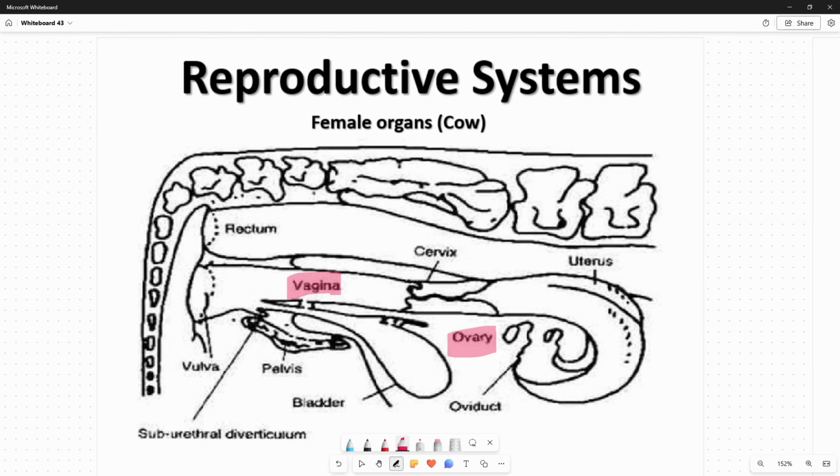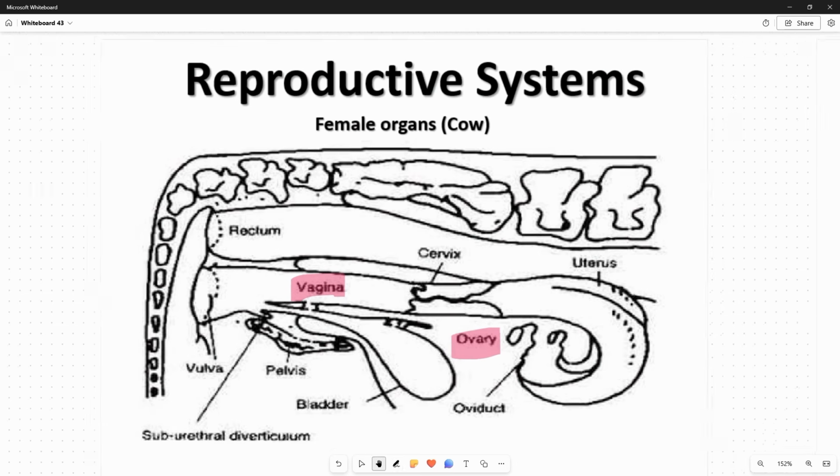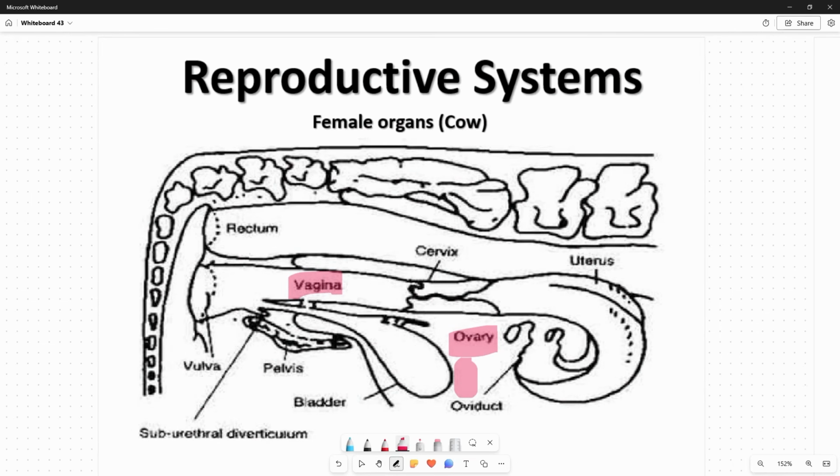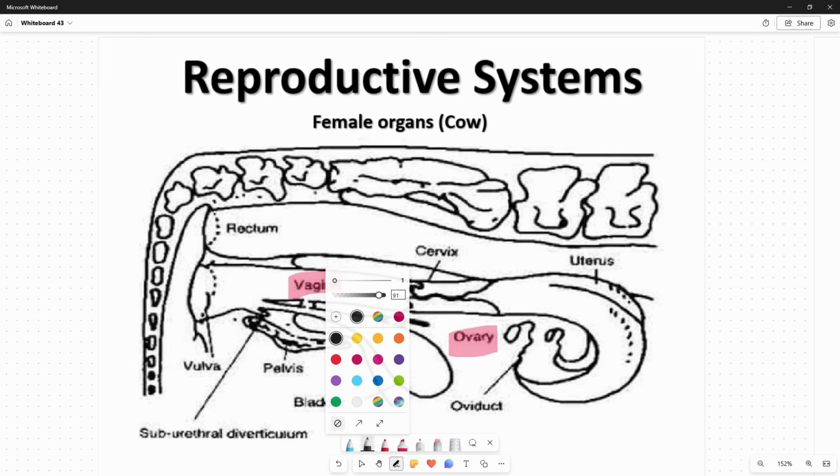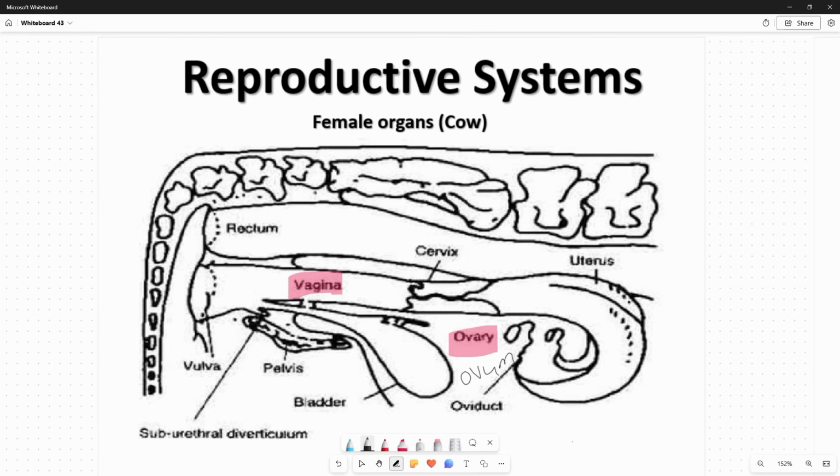So in the male, the testes will produce the sperm cells. Now in the female, the ovaries are where the egg cells are produced, which are called the ovum. The egg cell is produced in the female. We call it the ovum. The other common word we use is egg cell, right? So the ovaries, after having produced the ovum, the ovum will then travel through the oviducts.